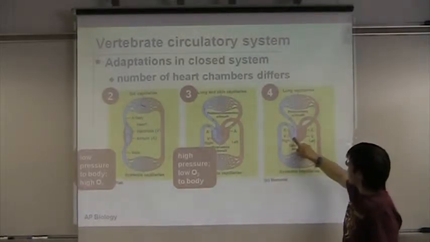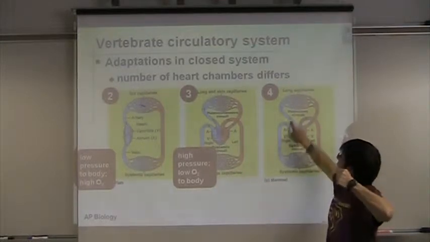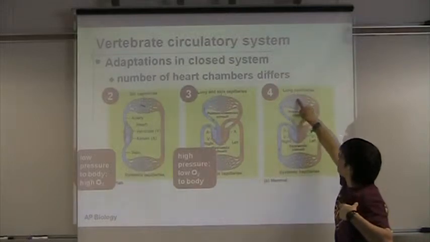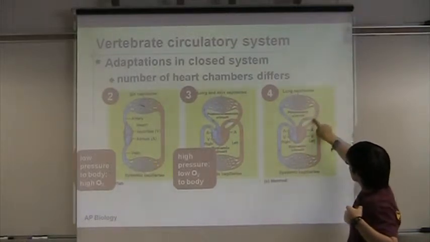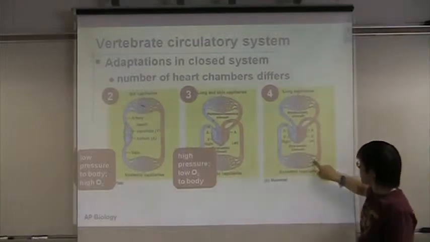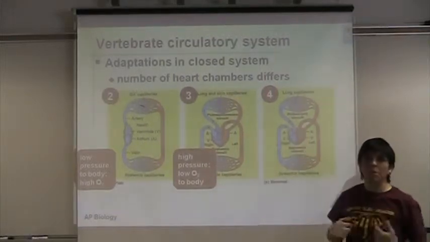When I come back here, the ventricle contracts and sends me to the lungs to get oxygenated. From the lungs, I come back, and I come back to the other side where I can repeat my circuit of going to the body.